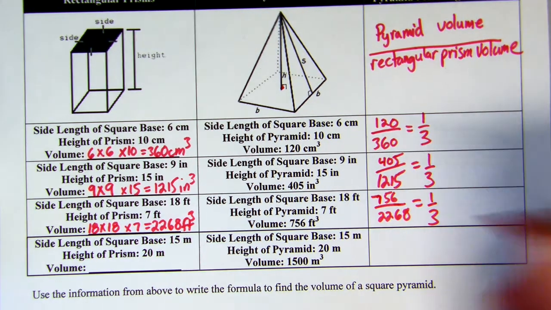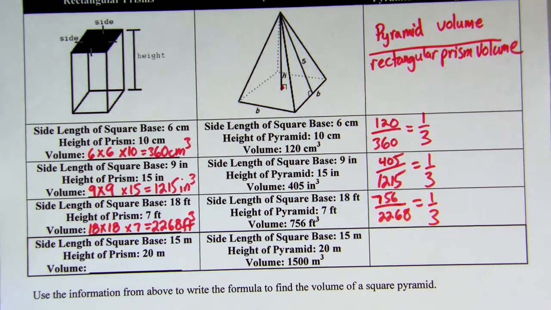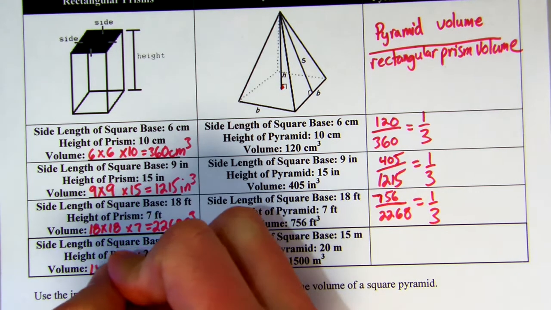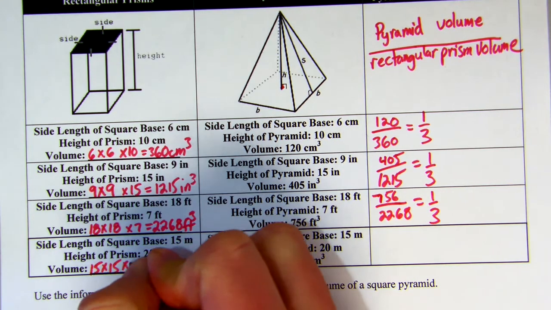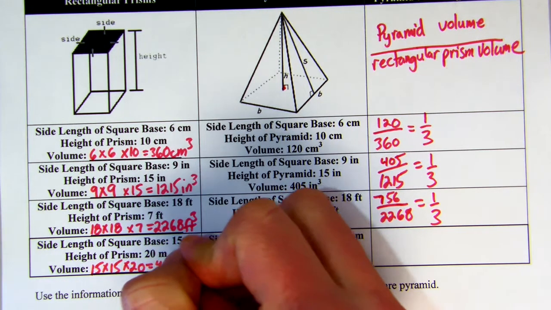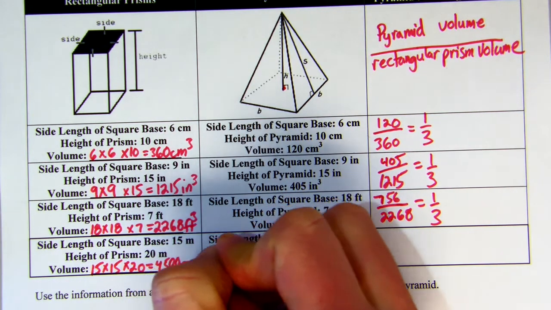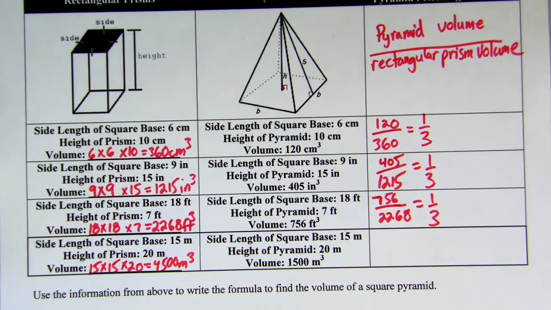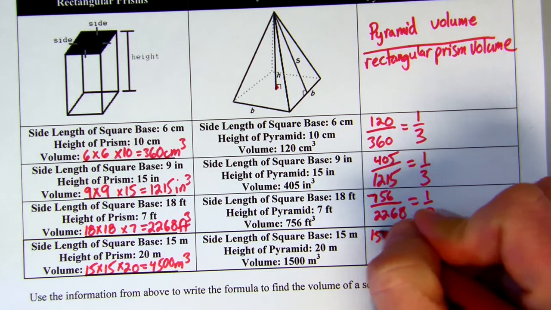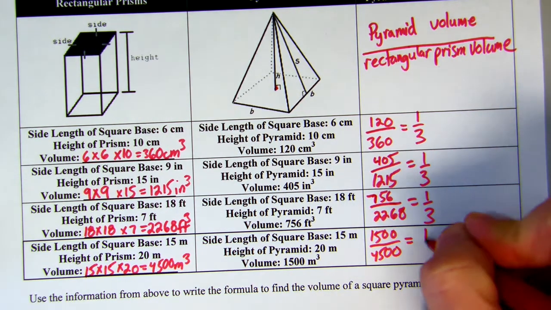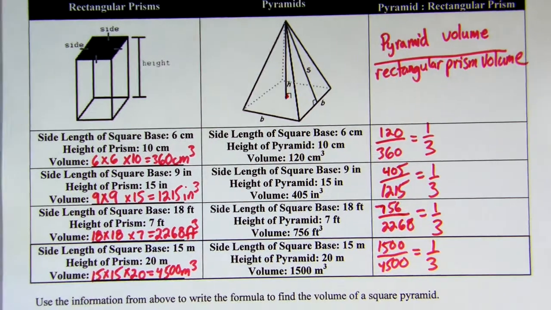Simplify it, and yes, it does simplify to 1/3. The last one has a base of 15 and a height of 20. So for my prism, I'm going to do 15 times 15 times 20, and I get 4,500. And then the volume of my pyramid was 1,500. I put that into my ratio, and yes, again, it simplifies down to 1/3.